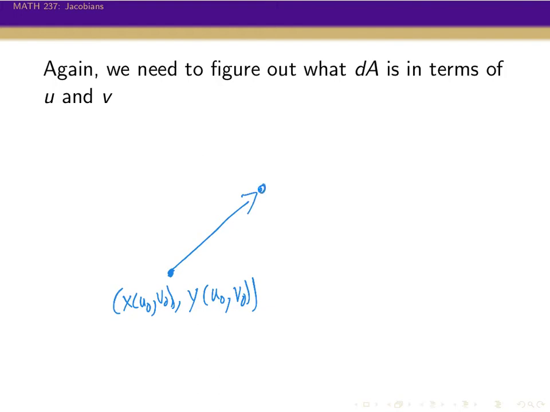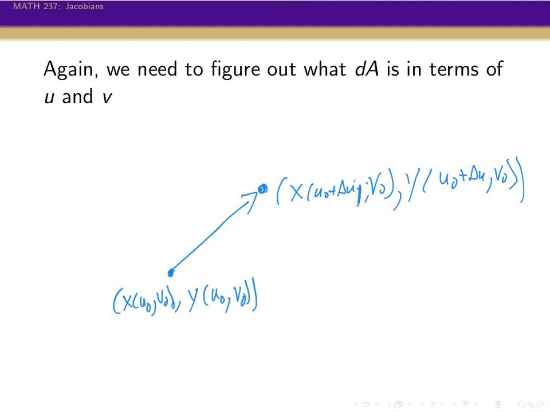And so we get some new point: x of u naught plus delta u, comma v naught, and y of u naught plus delta u, comma v naught.